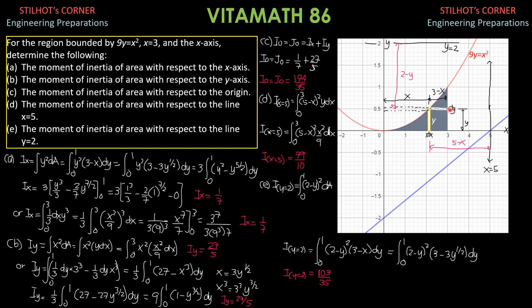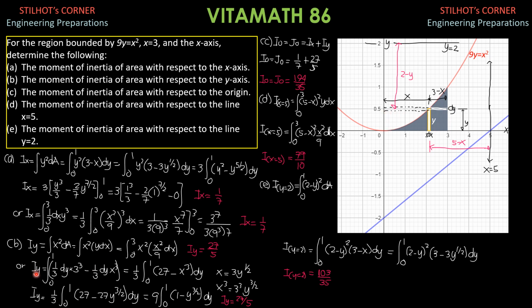Or if we consider this horizontal strip, it is just the moment of inertia of the big rectangular strip of height 3 units, thickness dy with respect to the y-axis, then minus the moment of inertia of this dashed rectangle with respect to the y-axis, 1/3 dy x cubed, while the moment of inertia of the big rectangle is 1/3 dy 3 cubed.